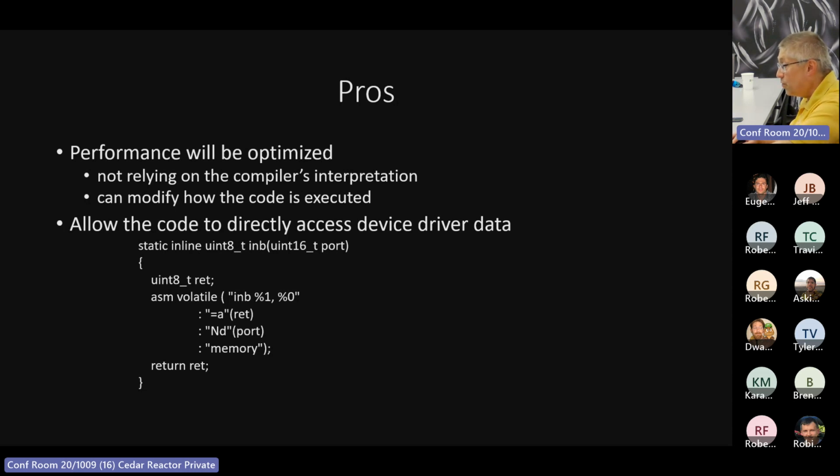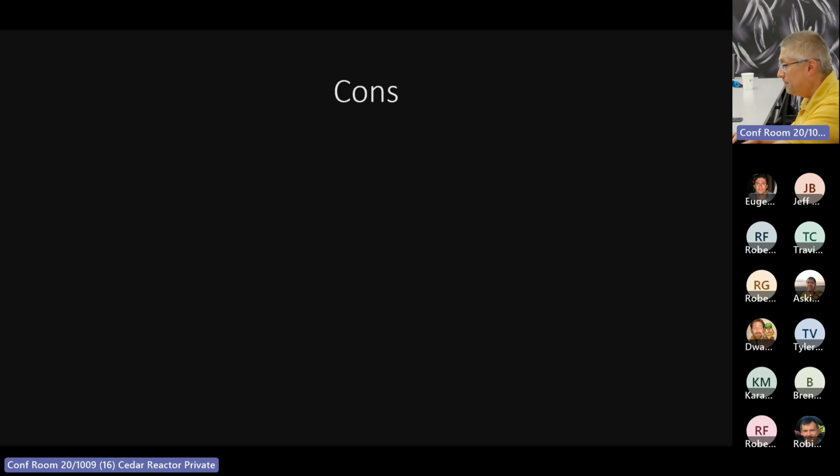So we can call this particular assembly command IN B and get a value from a device driver that you couldn't get from a particular C++ application. So you can access data much quicker than relying on other APIs that C++ may provide.